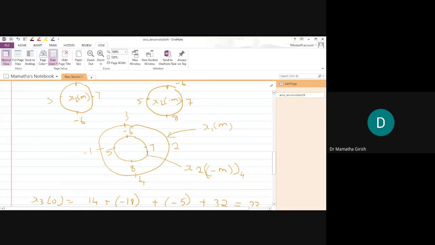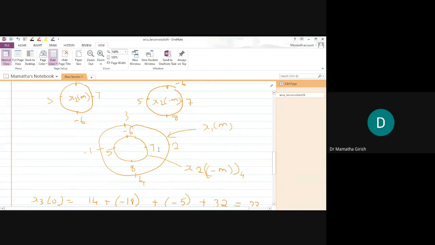By representing the samples in the clockwise direction: 7, 8, 5, minus 6. Now, to introduce a shift of 1, go on shifting the samples by one term in the anti-clockwise direction. Then it is 7, minus 6, 5, and 8.